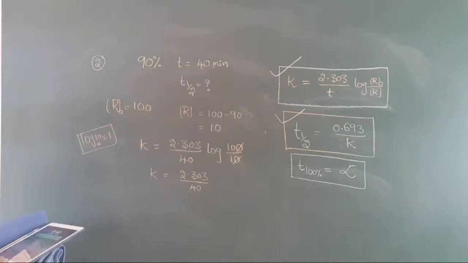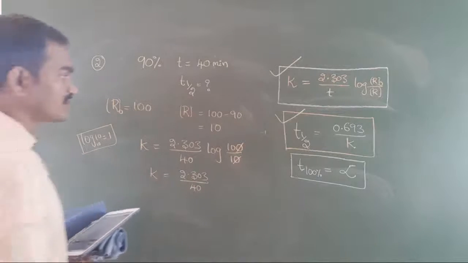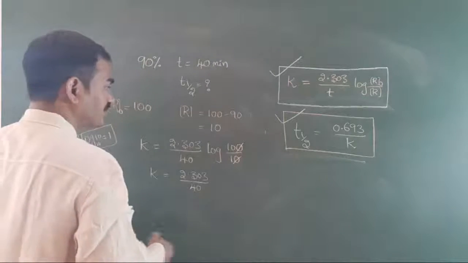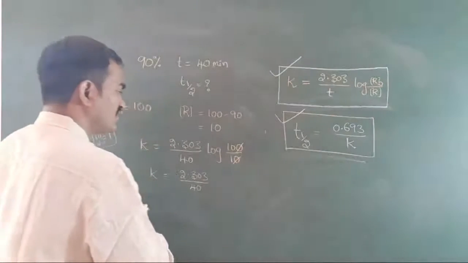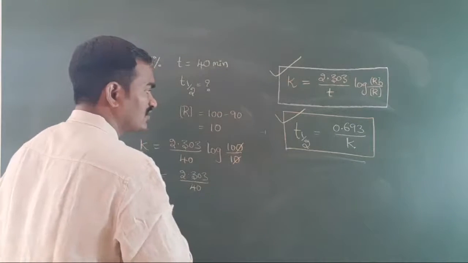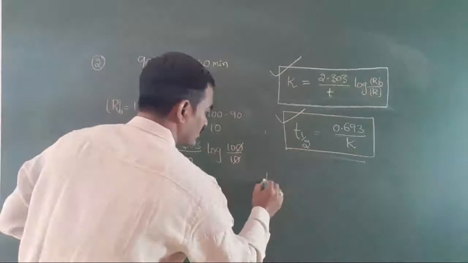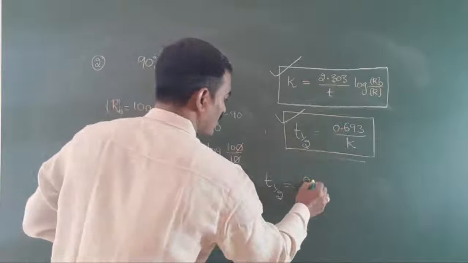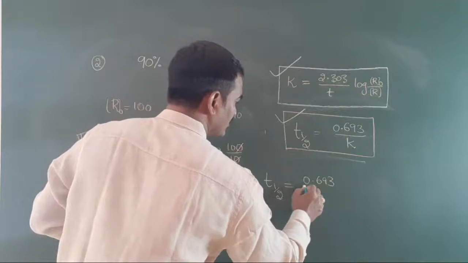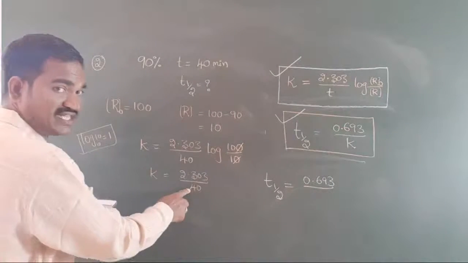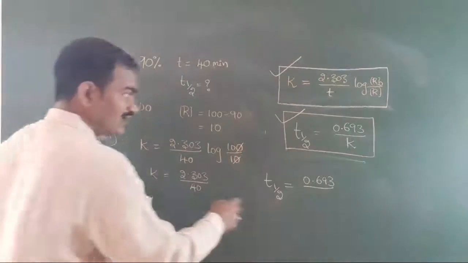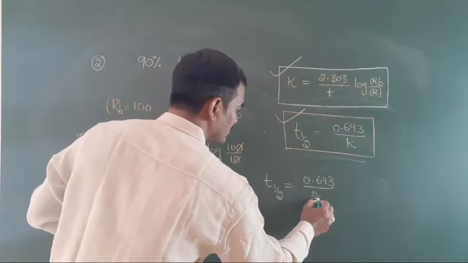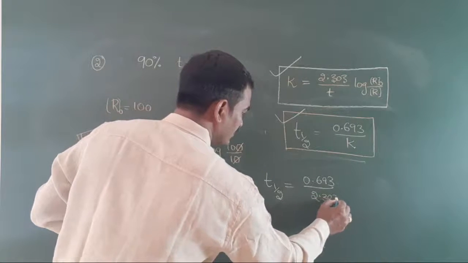Now what do we have to calculate? Half-life, no? So to calculate half-life, T half is equal to 0.693 by K. I am substituting the K value, 2.303 by 40.